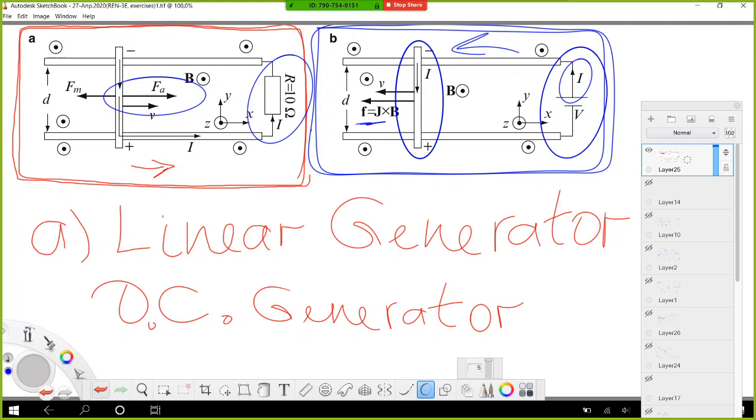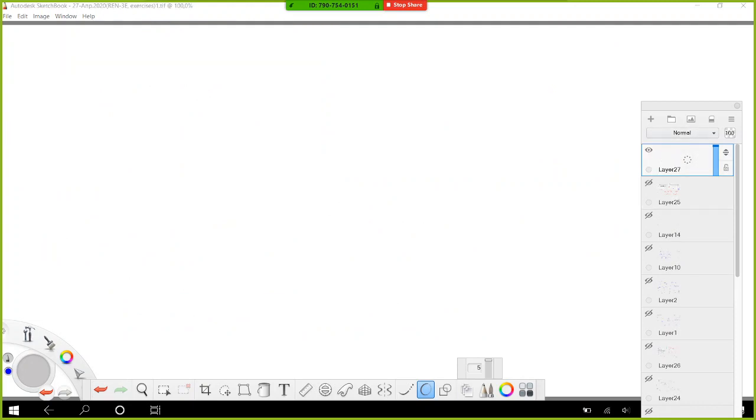This is the principle of the DC motor, linear DC motor, or electric motor.